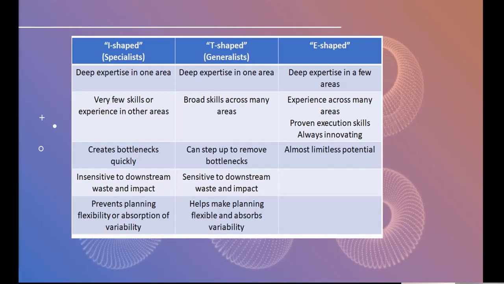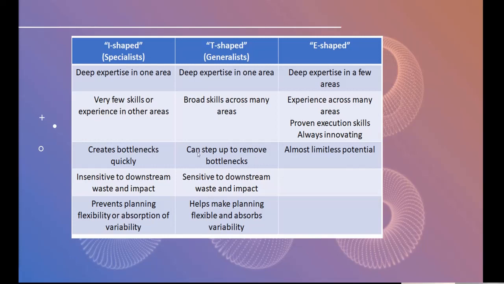For example, a developer can write only code, but in the group, if some people get sick or are absent because of some issue, these I-shaped people cannot handle their work, right? So in their absence, there will be a bottleneck.